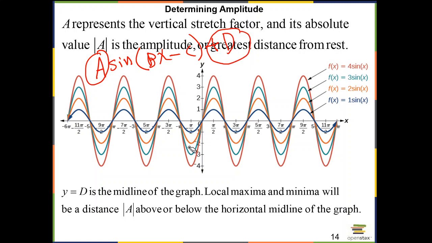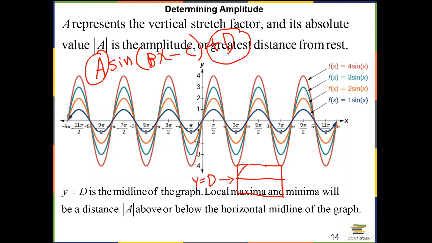So the midline of one cycle is y equals d. Now to graph these functions, we're going to graph one cycle in a rectangle. And the rectangle is going to have a midline, and the midline is always at y equals d, including the sign. If it's minus d, that would be minus d.